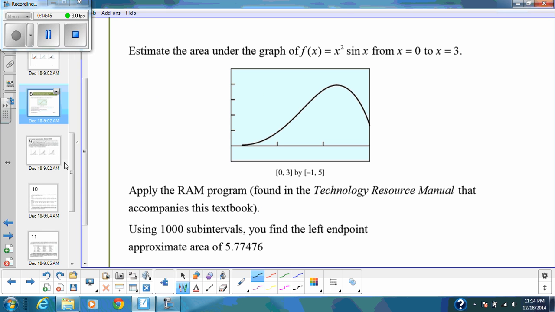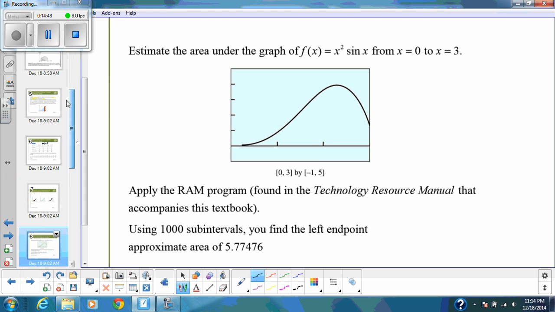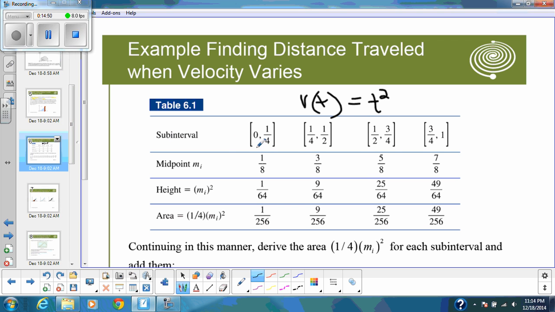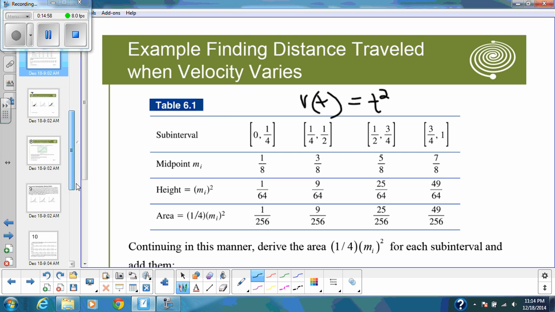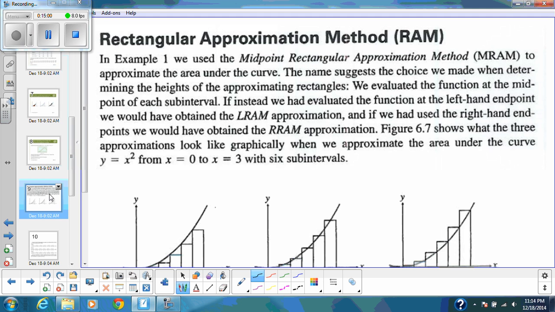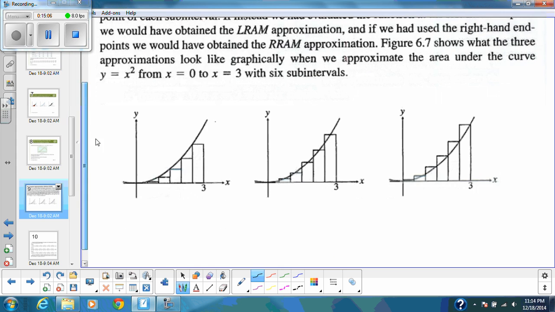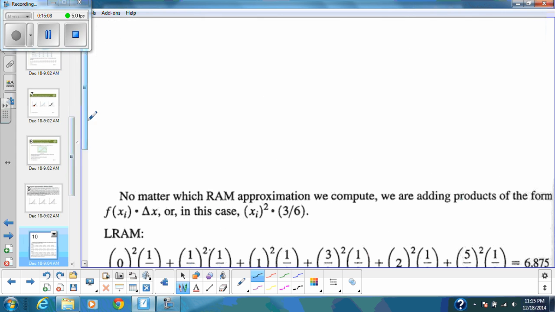Now understand, you're going to have to be able to do it the long way, where you find the midpoint, find the area for each interval, and add the intervals up. But we also want to be able to do it this way. So when we have that program, we can add those different things up.